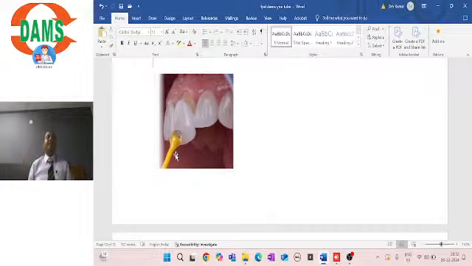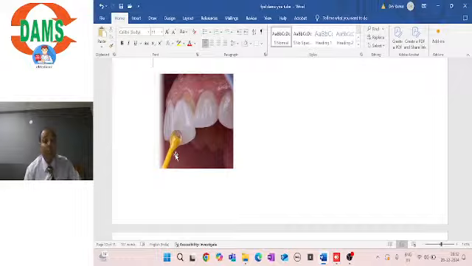Now, why is a veneer cemented with visible light cure cement only and not with dual cure? The dual cure contains a chemically activated component. So after some time, these undergo oxidation of tertiary amines, which might cause discoloration. If the patient has come to you for a veneer and you have cemented it, today the color is okay, but after some time you see the inside color of the veneer getting darkened.